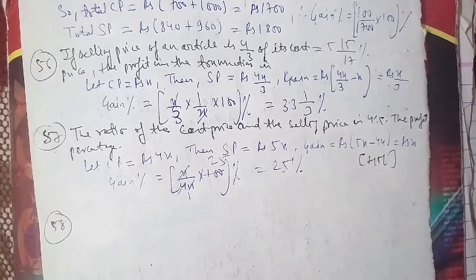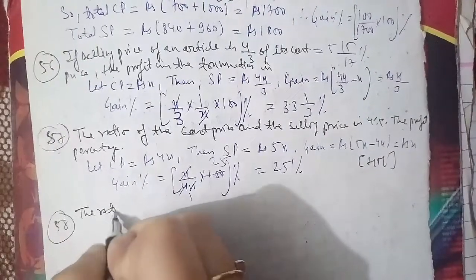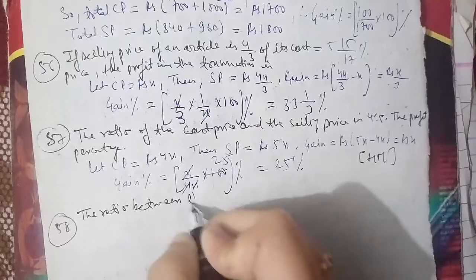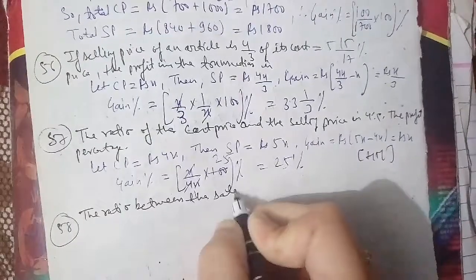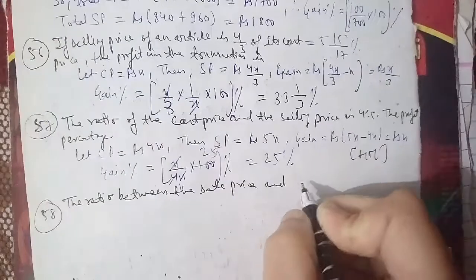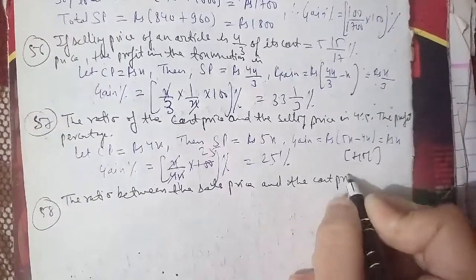So here we go ahead to find out the ratio between the sale price and the cost price of an article, 7:5.